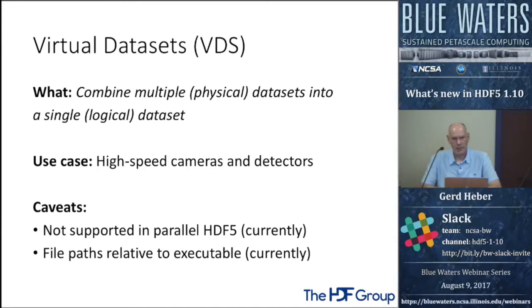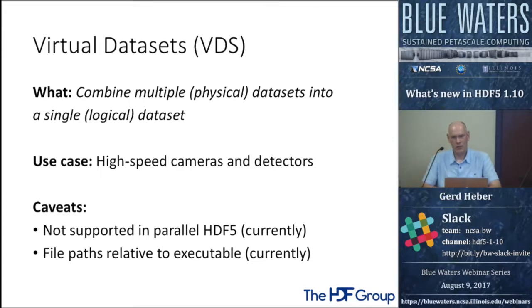And the acquisition speeds, the data rates, are very high for these devices, in the range of hundreds of megabytes to gigabytes per second. And of course, sometimes you have equipment failure, a detector lagging behind, synchronization issues, and so forth. In that case, the data is actually acquired into separate datasets.